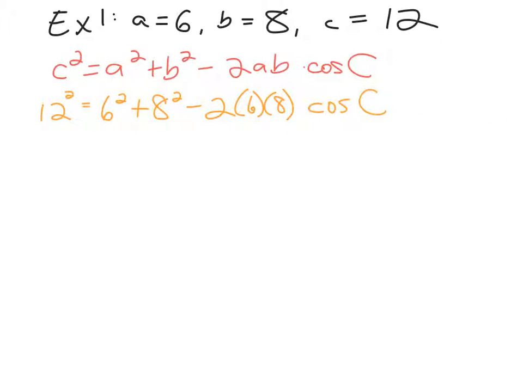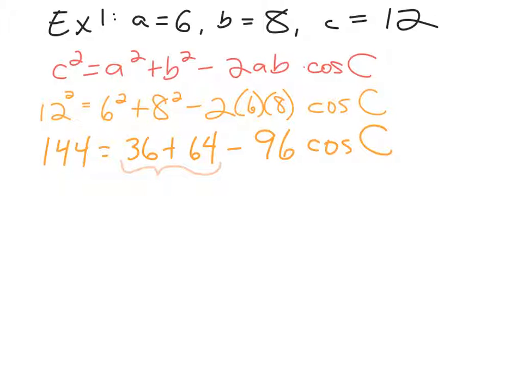If we simplify this out, we're going to get 144 equals 36 plus 64 minus 2 times 6 times 8. 2 times 6 times 8 is 12 times 8, that's 96 cosine C. Then if we put together these two right here, they come out to 100.